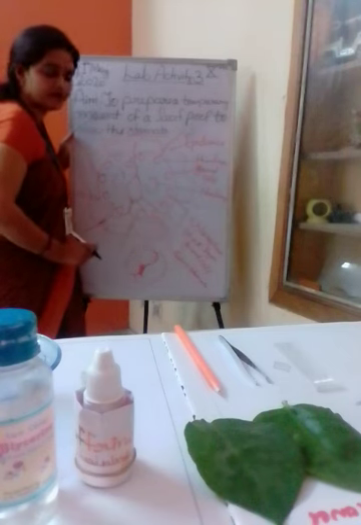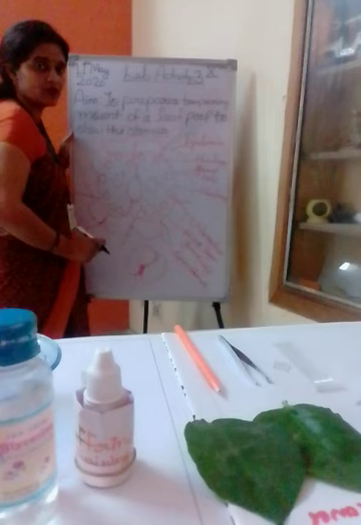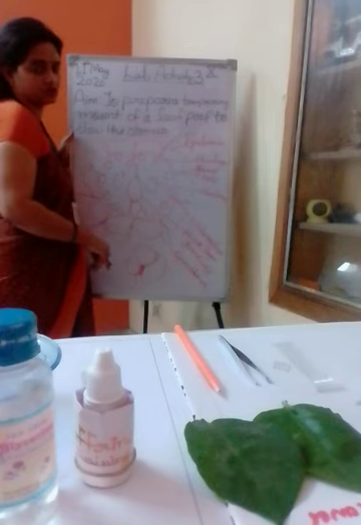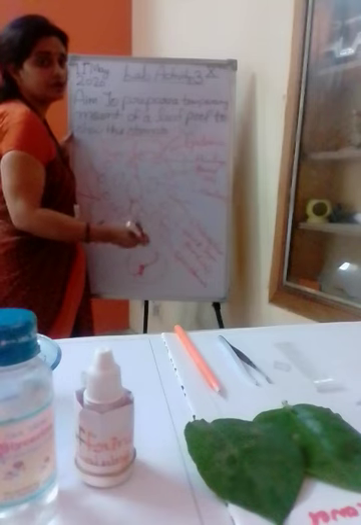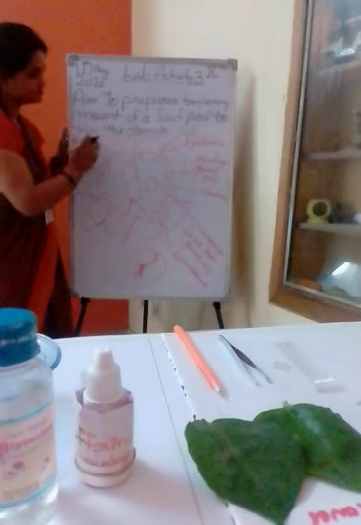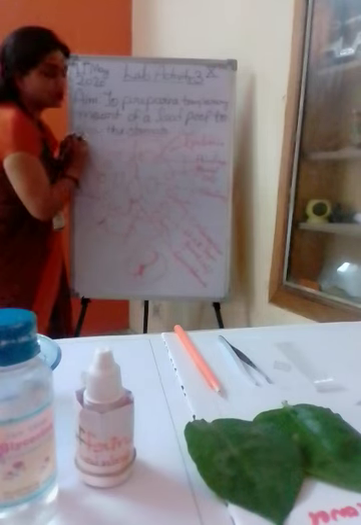Understand that? That is the very important function of the guard cell, and you know it very well: how stomata open and close during the day and during the night. Are you clear now?